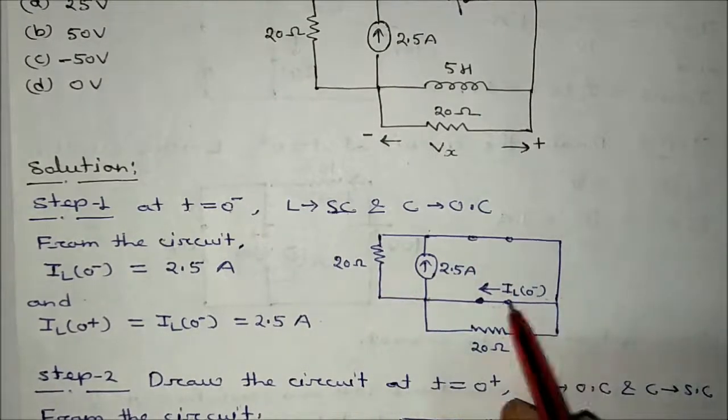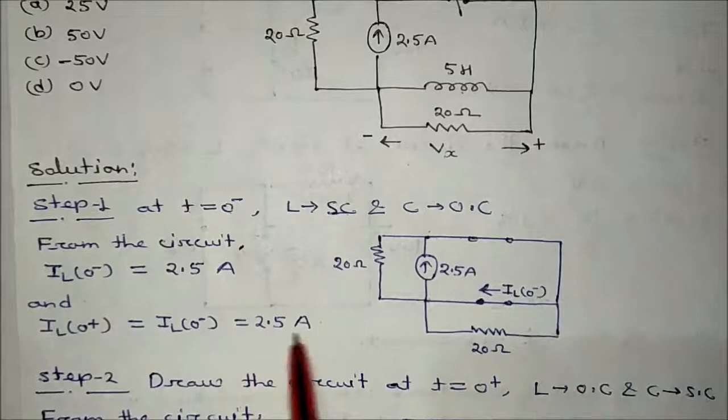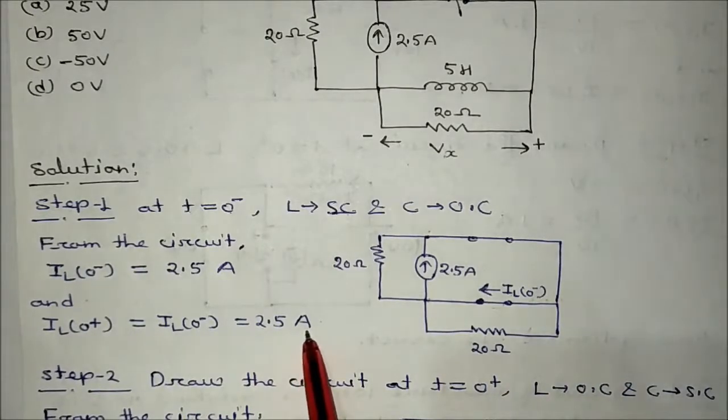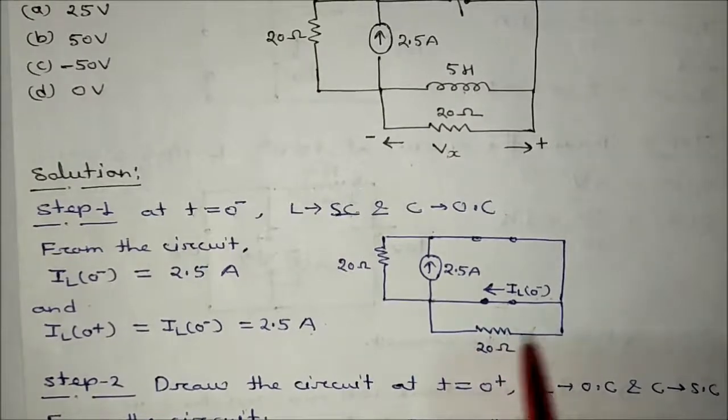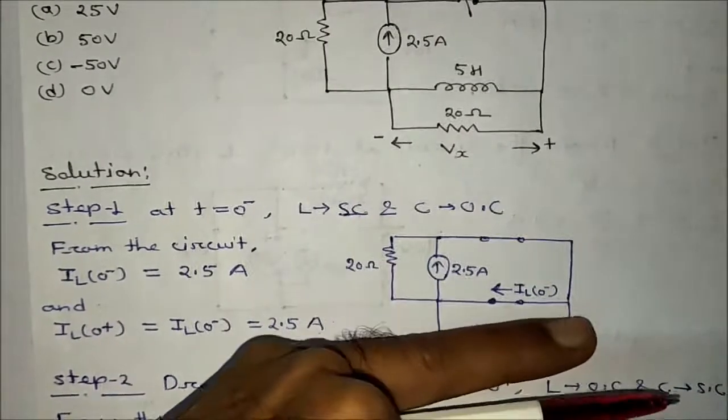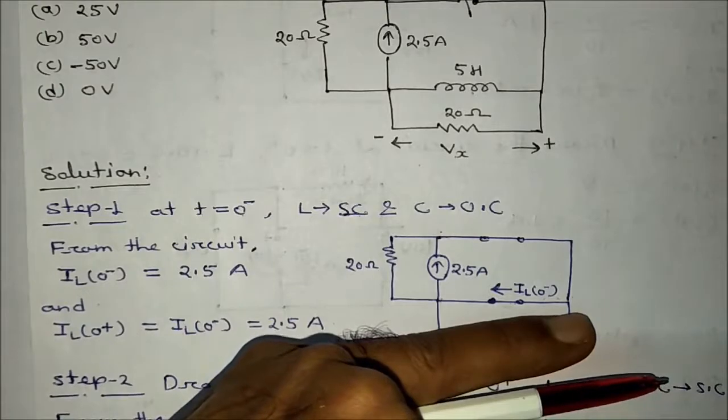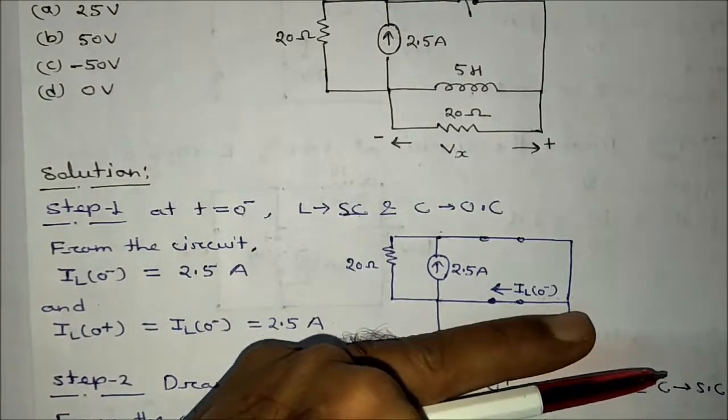So IL0 minus is equal to 2.5 ampere. If this one is shorted there is no current here, so just remove this one.